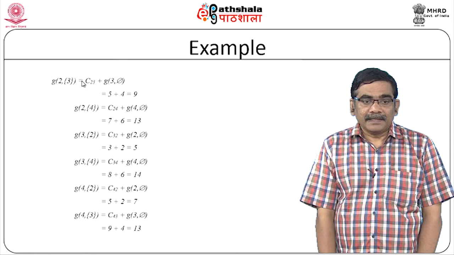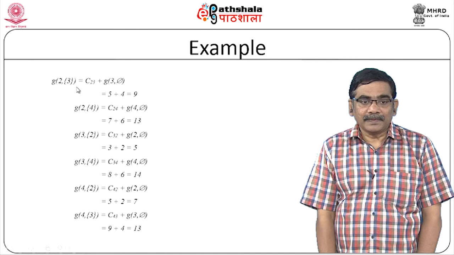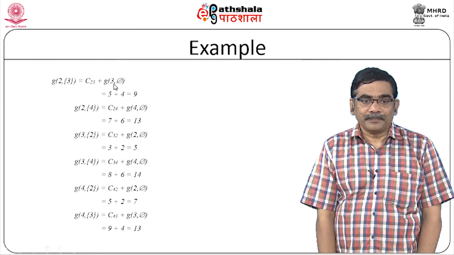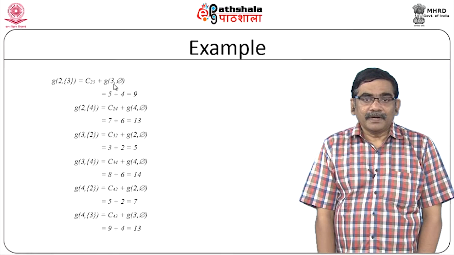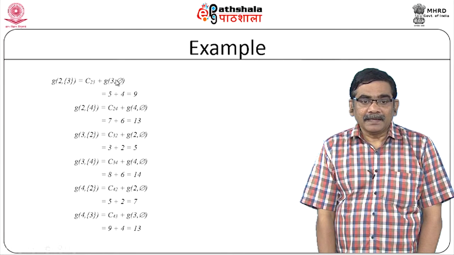So, the answer is the cost of moving from 2 to 3 and the cost of moving back to the hometown from vertex 3. Recollect the beauty of dynamic programming.